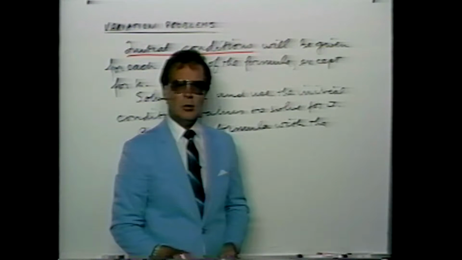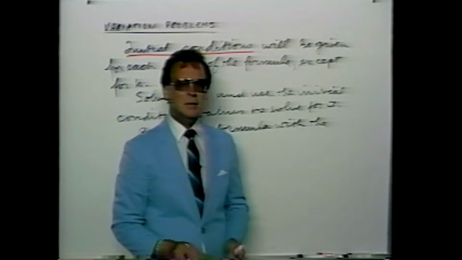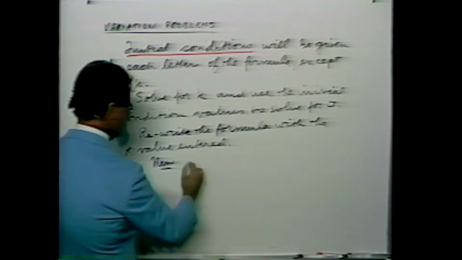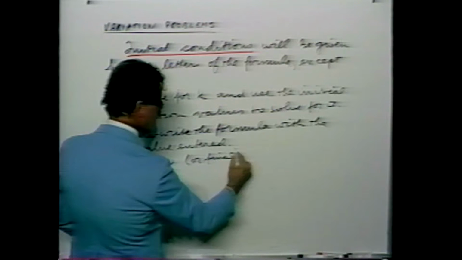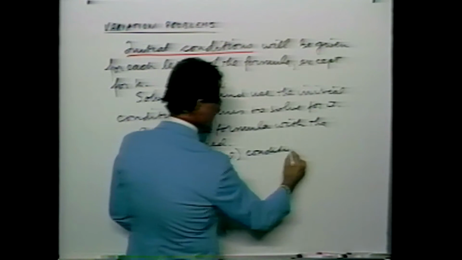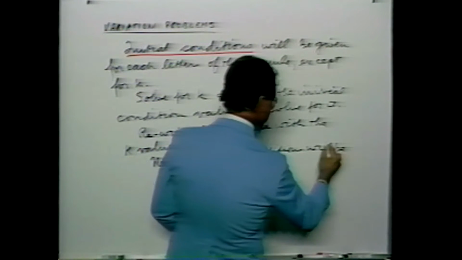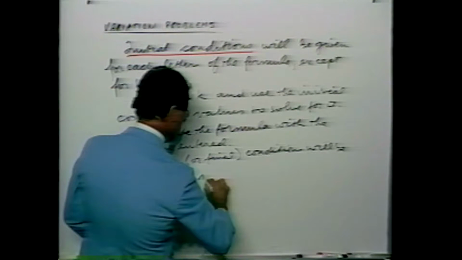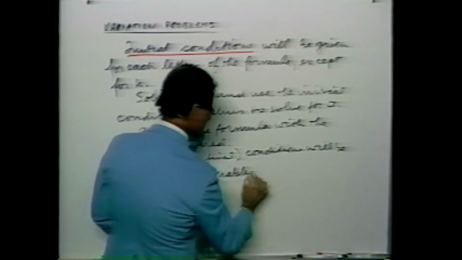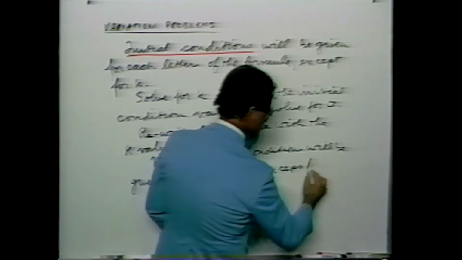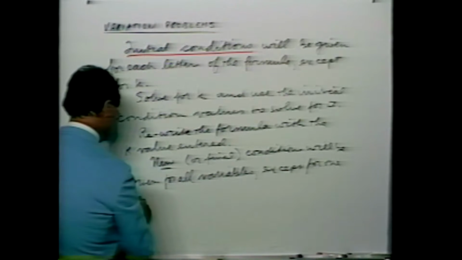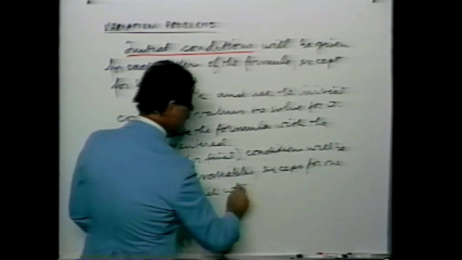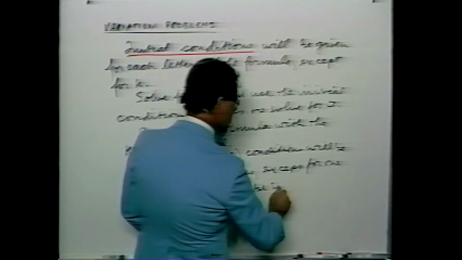New conditions, or sometimes referred to as final conditions, will be given regarding the variables except for one of them, which will be solved for.